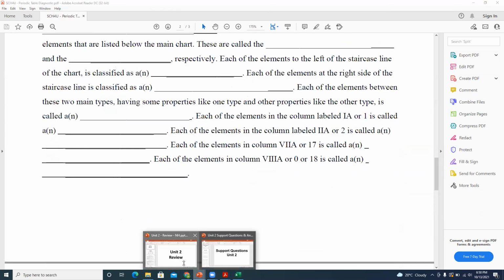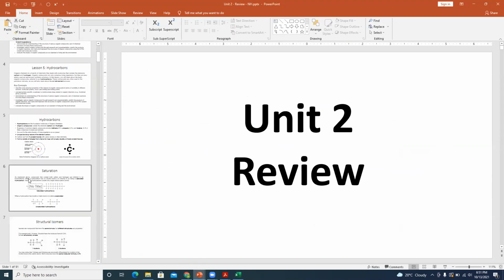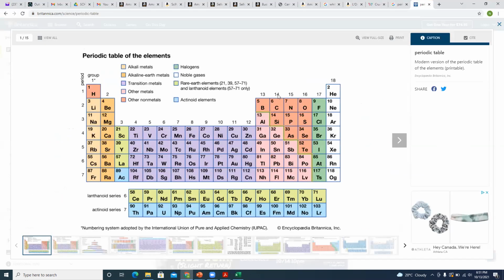So let's go back to our Unit 2 review. When we were talking about, for example, carbon having 4 electrons in its valence shell, just to refresh your mind, here is carbon.